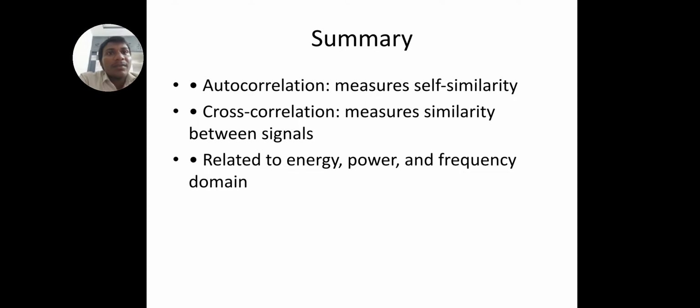Graphical explanation summary. With the summary we can end the session. Autocorrelation measures the self similarity, meaning in the same signal we can measure the differences, like symmetry, time shift, delay and so on.